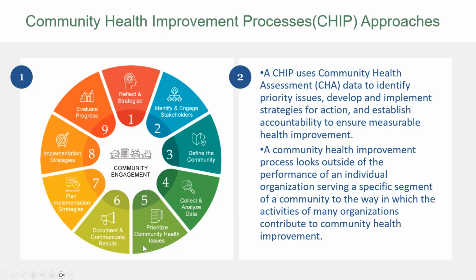And then you're working on actually implementing an action plan. So using the data that you've collected to create priority issues, and then creating an action plan related to those issues. And then at the end, while you're implementing it, is really an opportunity to evaluate and to reflect, and in the future to complete a new CHIP.